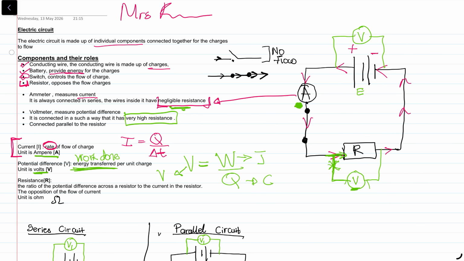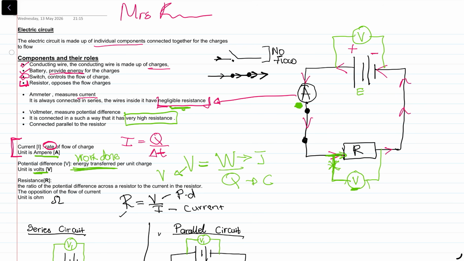And then we have resistance. Resistance is the ratio of the potential difference across a resistor to the current in the resistor. So this is where you get your formula, which says that R is equal to V over I. Your V is the potential difference, PD, and I is your current.